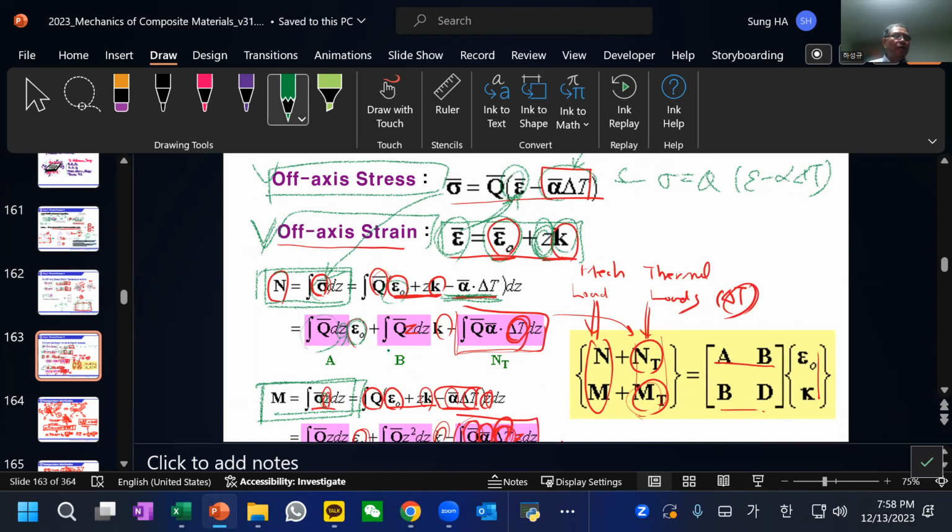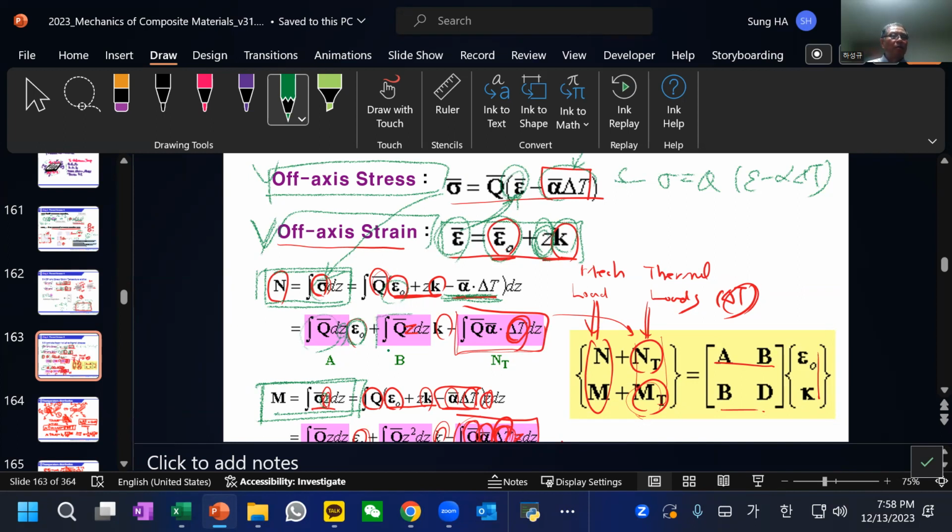Okay, this is out of integration. Now the next term is the Q bar, and then we have a z and curvature and dz. So there's a z, Q bar and z, dz, and curvature. And here Q bar and z, of course, they cannot come out of integration, but k is the constant. So k can come out of integration.